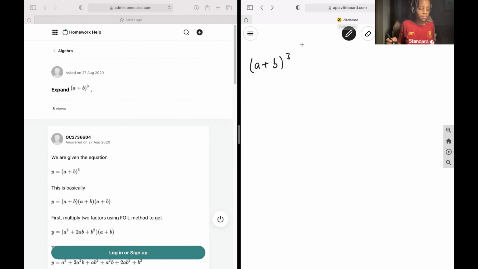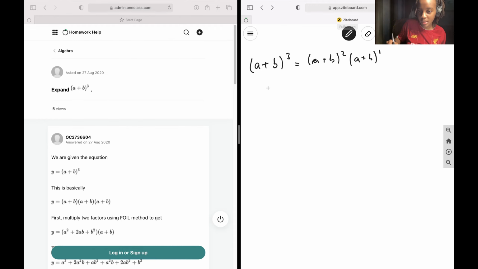So, to the power of 3, sorry. This can be written out as (a + b) squared multiplied by (a + b), because we just add the powers.